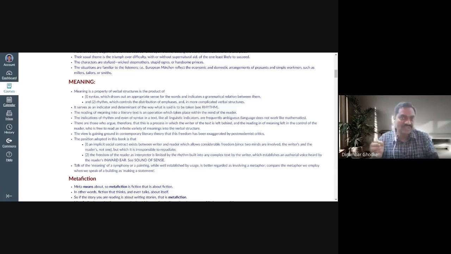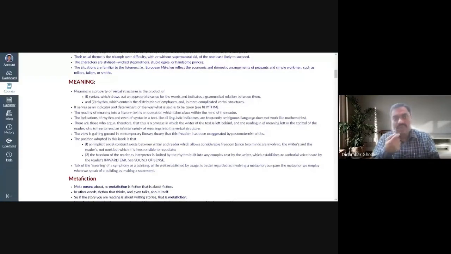And another important aspect of meaning is rhythm. Rhythm controls the distribution of emphasis. For example, when you talk in English, you follow certain phonological rules, phonetic rules.